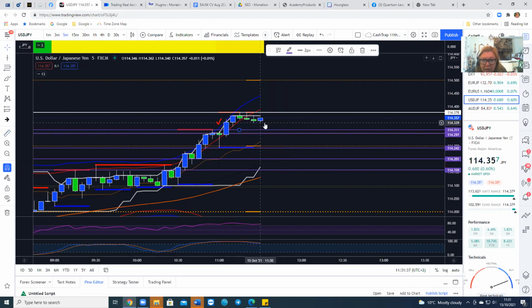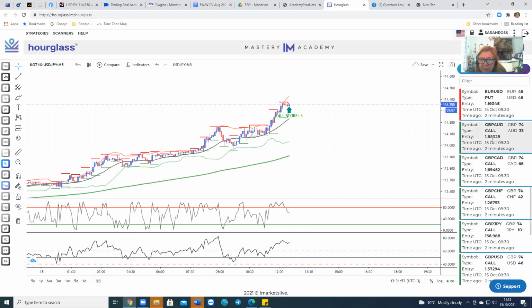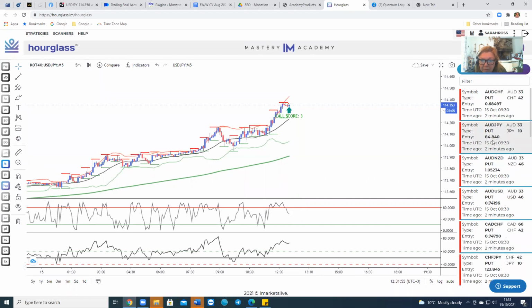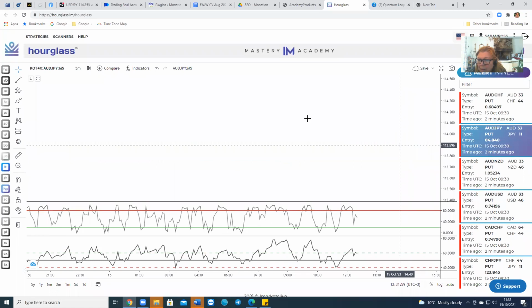So it's just struggling around this level at the moment. Because it's a bit in the middle of things, it's just pointing up and down. I'm going to move to one of the other pairs at the moment, or JPY.